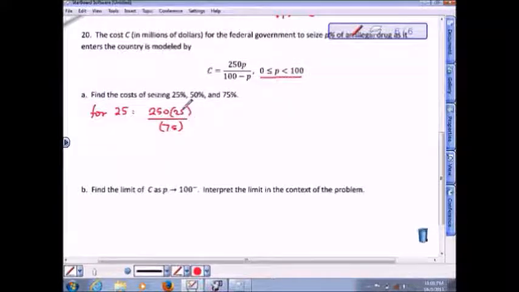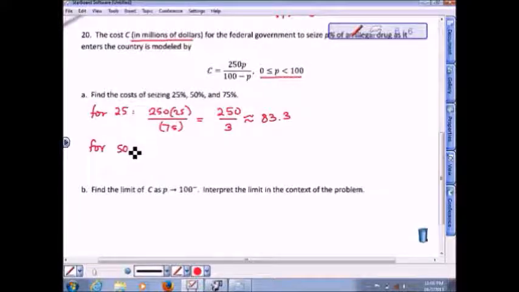If you take a look at this, 25 over 75 is just 1 over 3. So this is 250 thirds, which is roughly 83, I think it's 83.3. Keep in mind this is in millions of dollars, so if they want to seize 25% of this illegal drug, it's going to cost them a little more than $83 million.